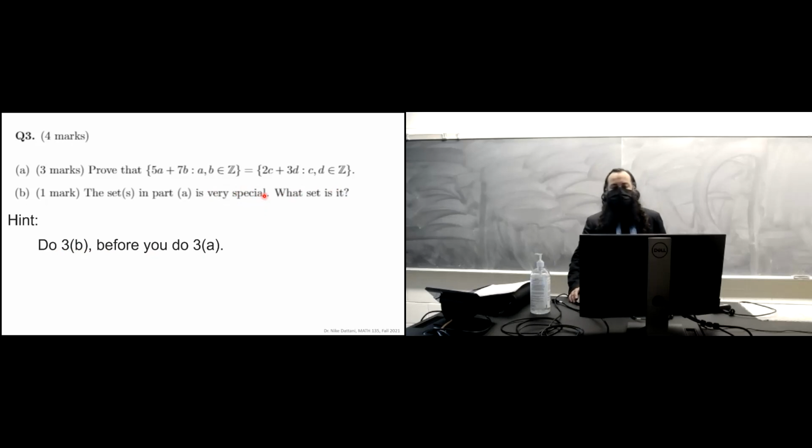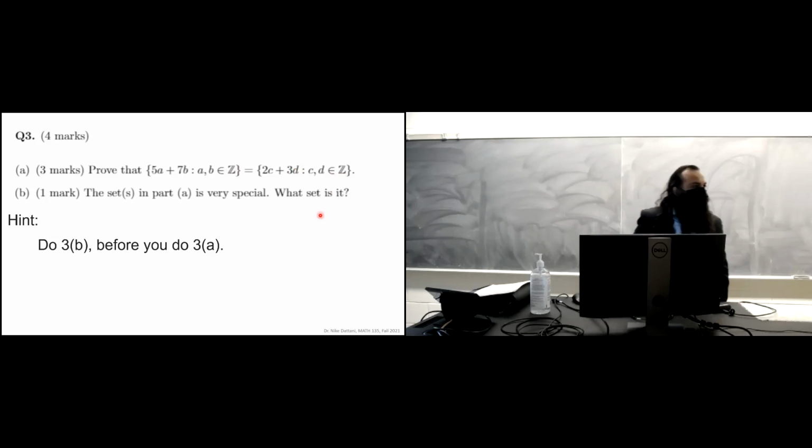Once you know what that special set is, then instead of trying to prove that this thing equals this thing, both of these things are equal to some special set. So instead, you can prove that this thing equals the special set, and this thing equals the special set. And because set A equals the special set and set B equals the special set, then set A equals set B. Got it?